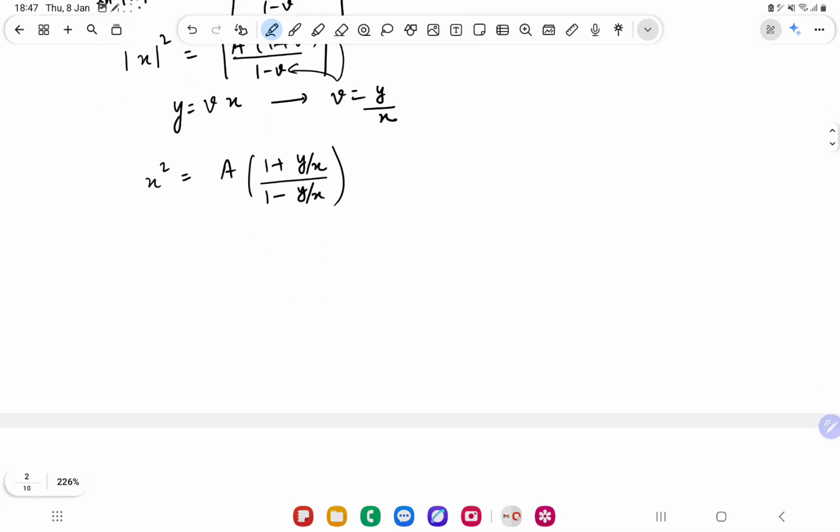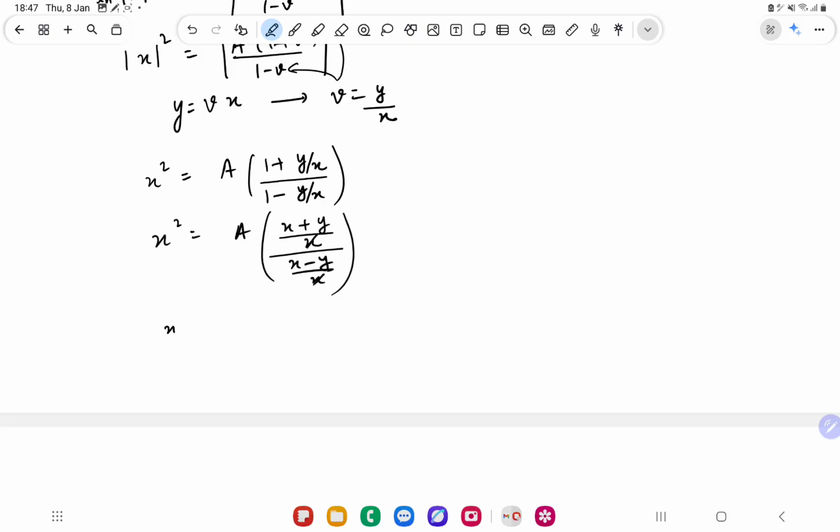This is how I can write. So my x square, if I simplify this further, I can take x as LCM in numerator and denominator, and I will get my answer like this. I can cancel out this. So my x square is equal to a bracket x plus y upon x minus y.